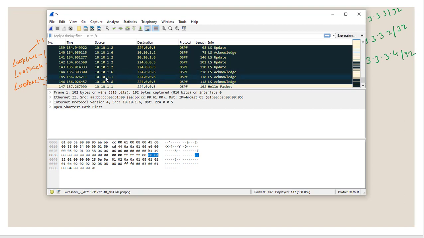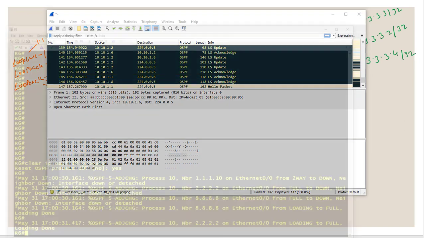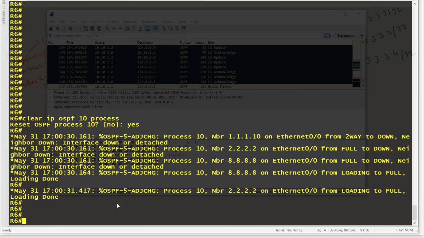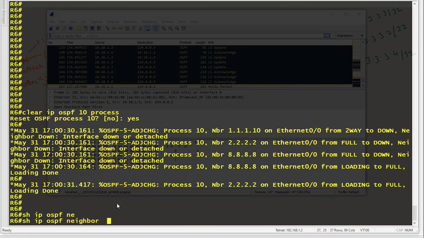So what is happening is, if it is communicating with the DR/BDR, it uses the destination multicast address 224.0.0.5, and if it is communicating with a DR other router, it uses 224.0.0.6.